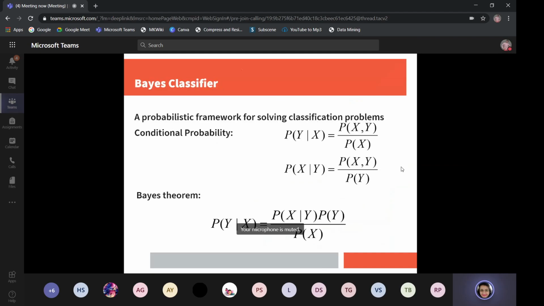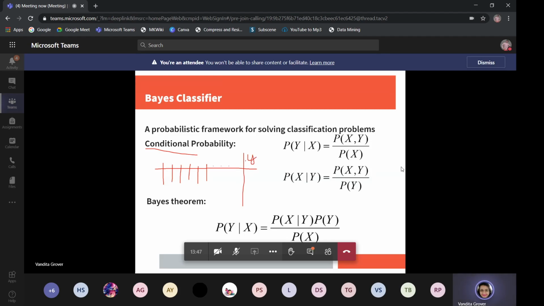Now the naive Bayes framework is based on conditional or posterior probability. So it is simply saying that you have so many attributes in your data set, and then you have your class.